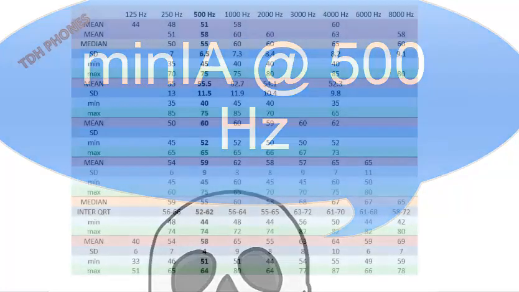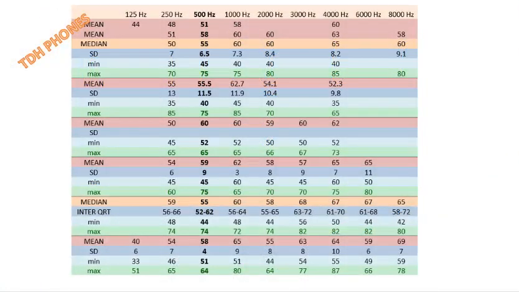So when we're testing someone at 500 Hz using TDH headphones, the possible interaural attenuation situation could fall within this wide range between 40 and 75 dB. We won't know the individual attenuation value for a specific person, but it'll probably fall within this range.